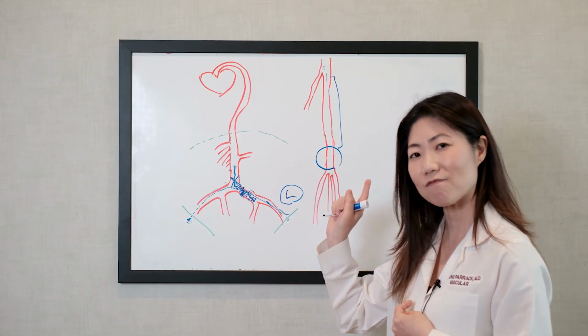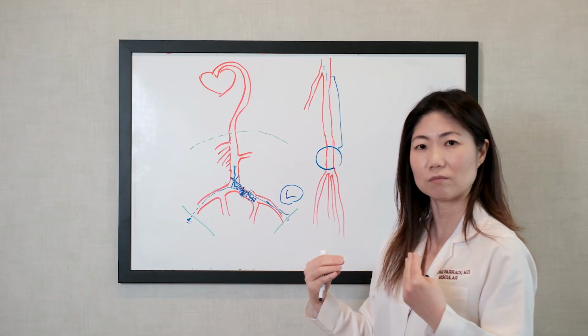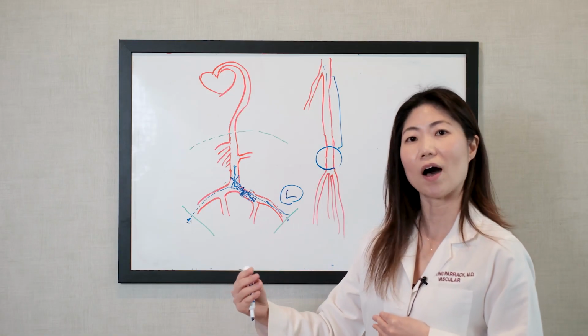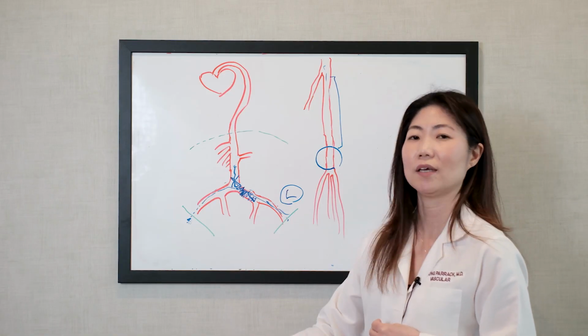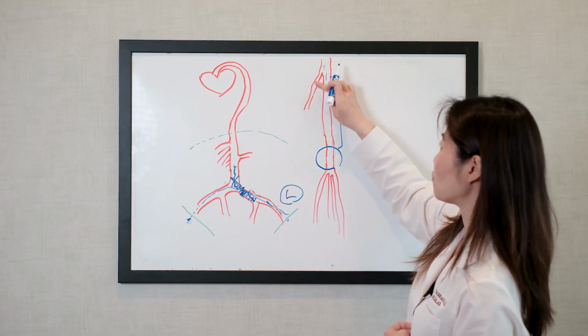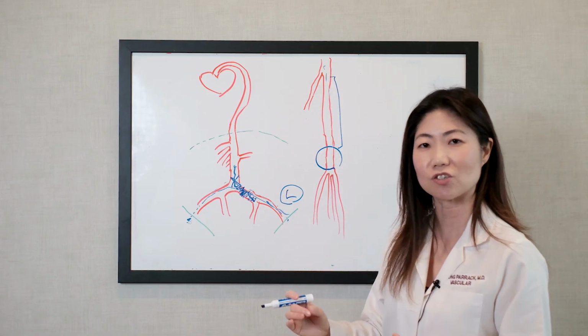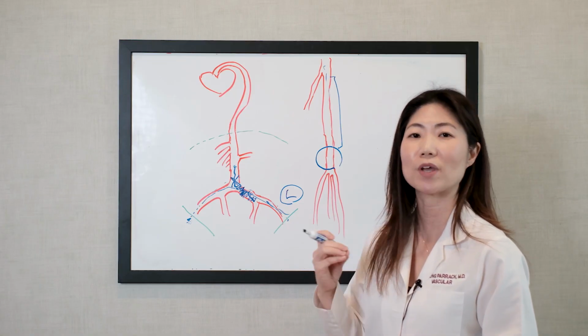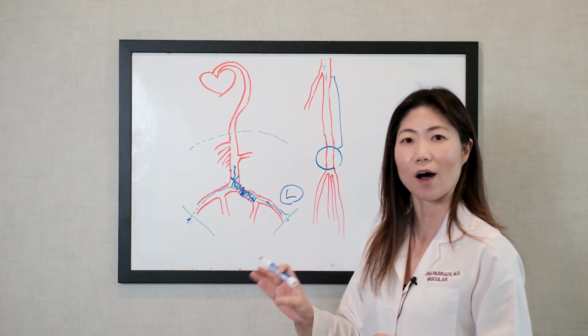Because of that, when you come see me as a surgeon, I might encourage you to do a lot of other things, such as walking and exercise therapy to promote your own body to form some of these blood flow connections so that when we have to do an intervention or when we have to operate, the outcomes are optimal.